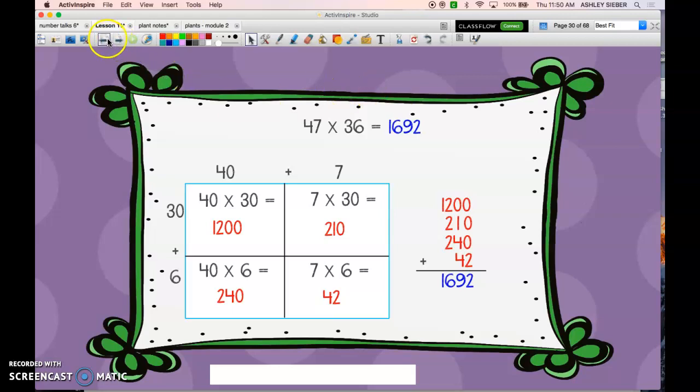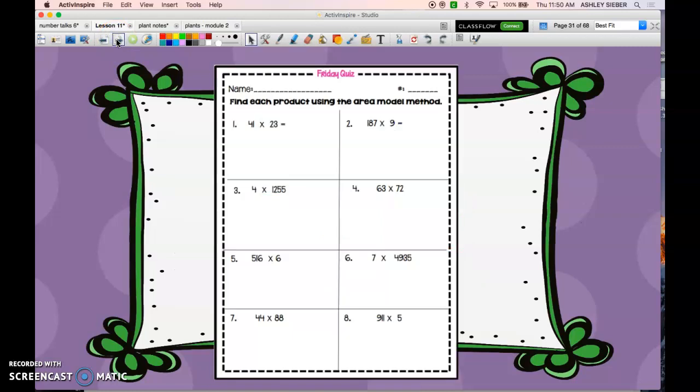All right. Now, your sub is going to give you your quiz for today. Make sure your name and your number are on your quiz. Look at the directions. Find each product. Remember, that's the answer to the multiplication sentence, using the area model method. So in this problem, you're going to draw an area model.